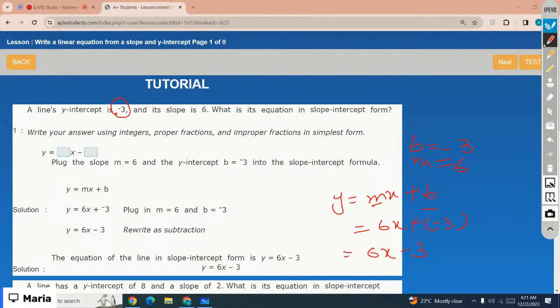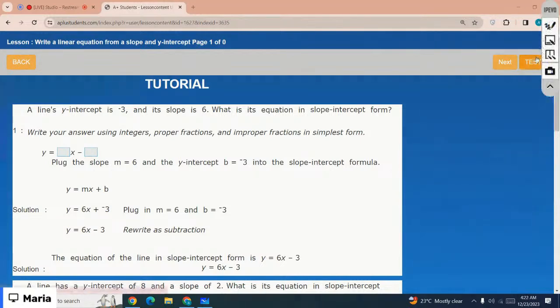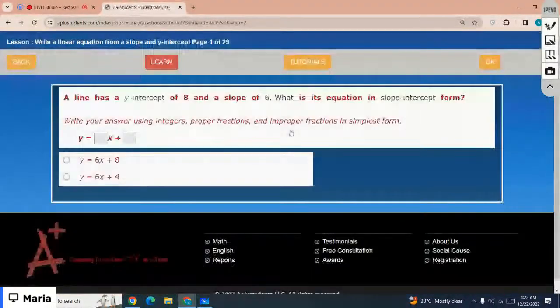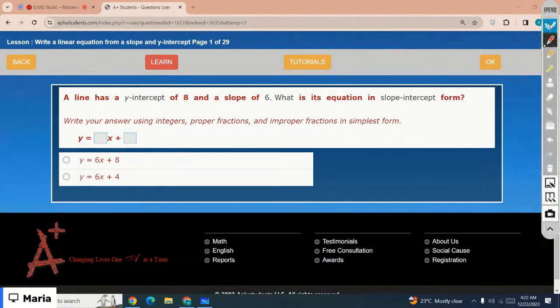Let's just start with the test questions. A line has a y-intercept of 8 and slope of 6. What is its equation in slope intercept form? So which is the correct option?